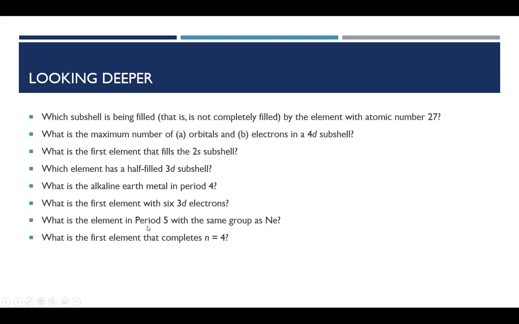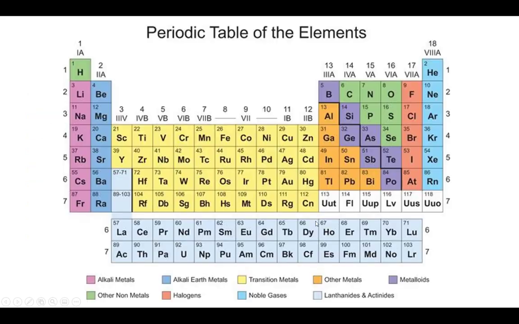What is the element in period 5 with the same group as neon? So where is neon? It's in group 8. So that means we want the element in group 8A in period 5. Period 5 is right here. This would be xenon.